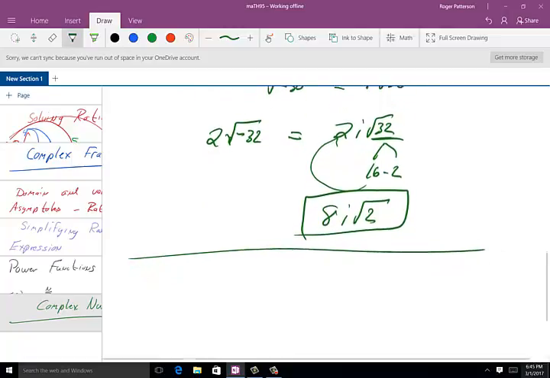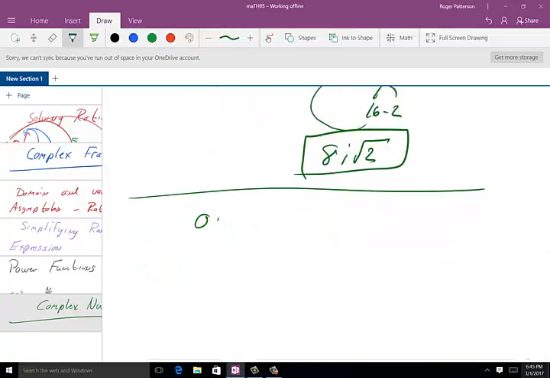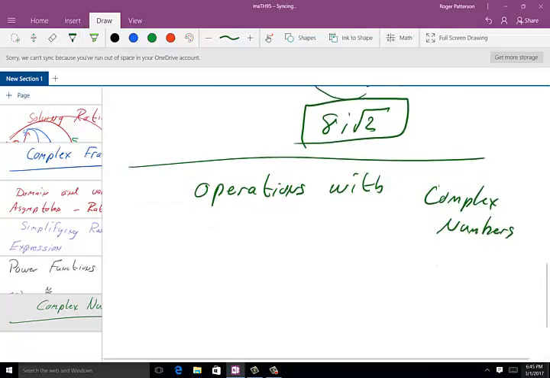Okay. Let's do some operations with them. Let's make them complex numbers. All right, so let's start with addition. I'm going to put parentheses around here just to separate the two complex numbers.